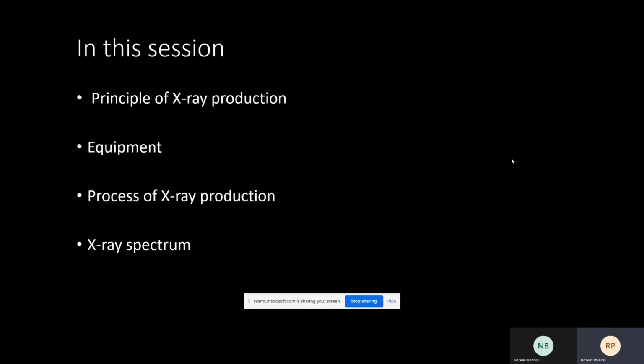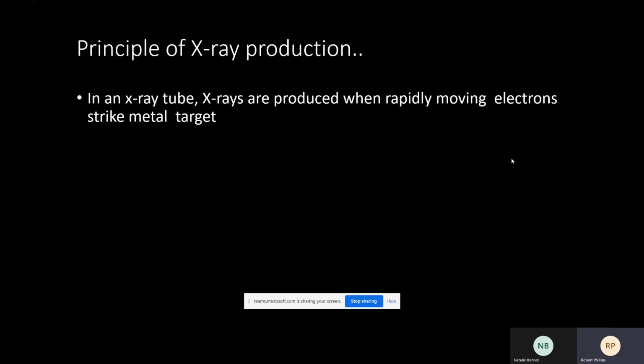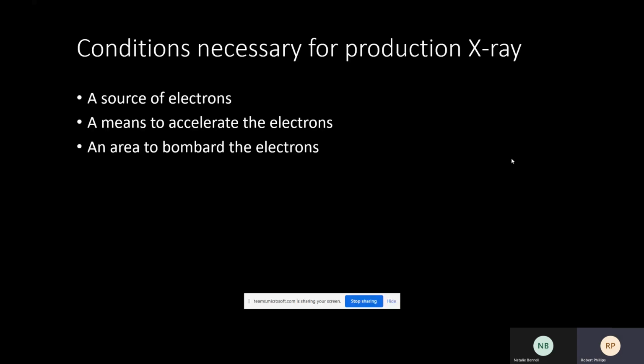Principle of X-ray production. X-ray is produced when the moving electrons strike a metal target. And there are three important conditions necessary for the X-ray production. First, there must be a source of electrons. Second, there should be a means to accelerate those electrons.